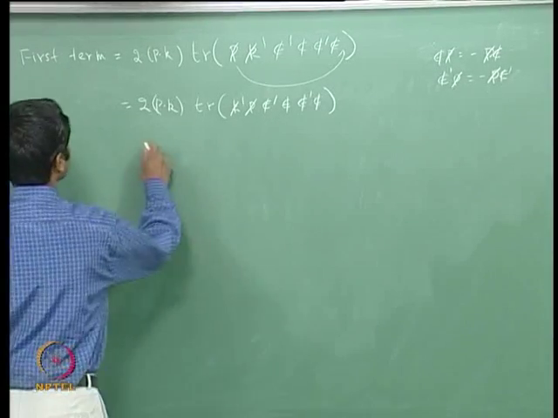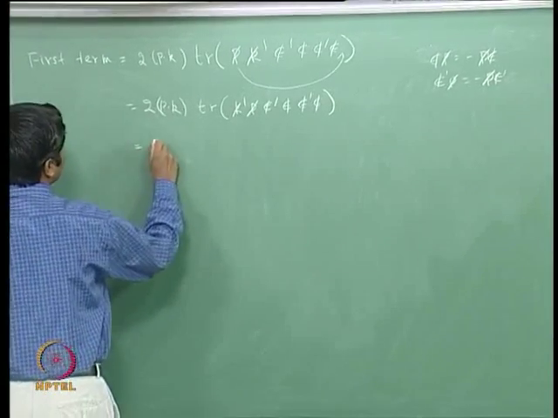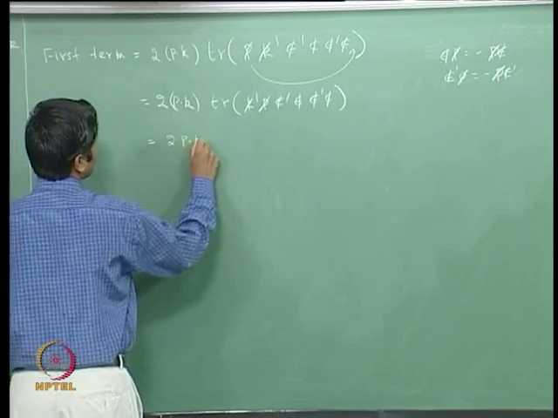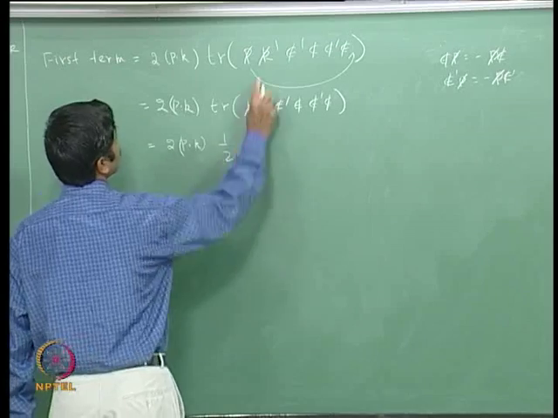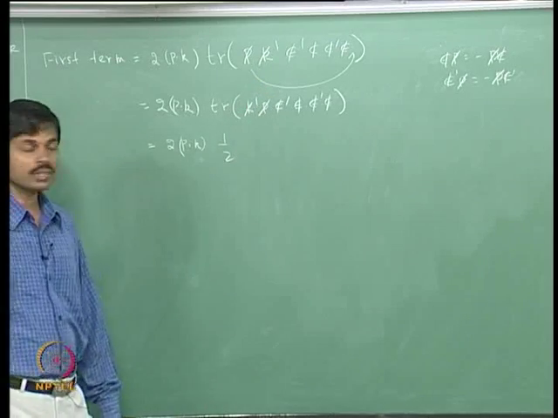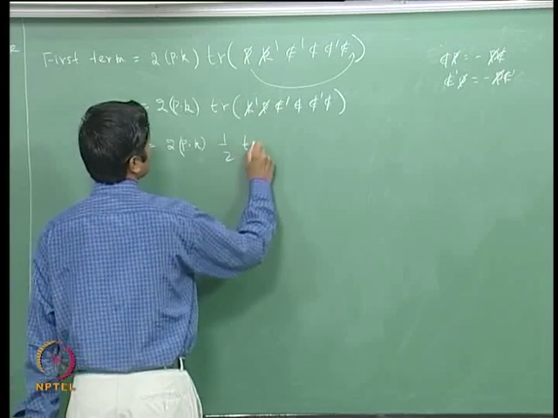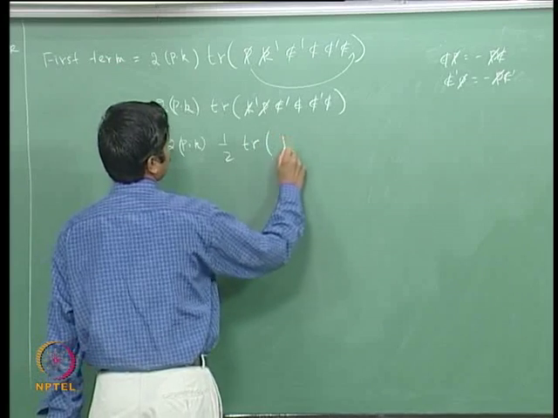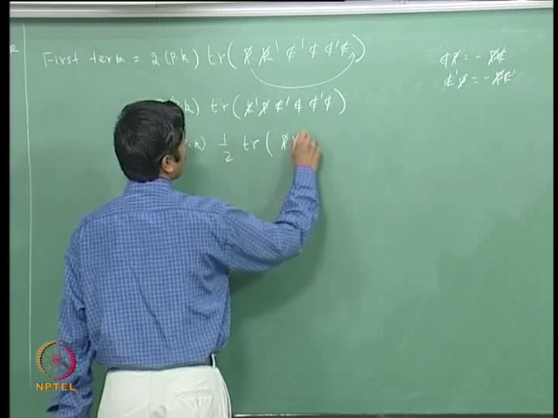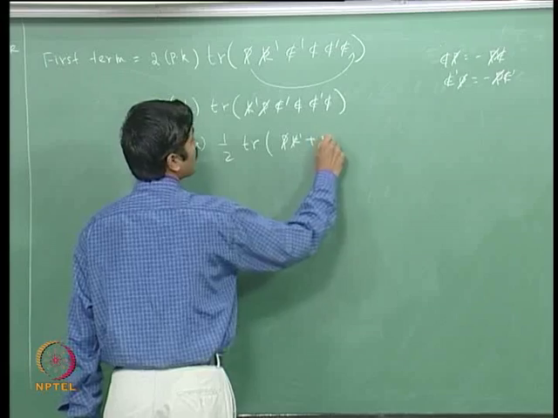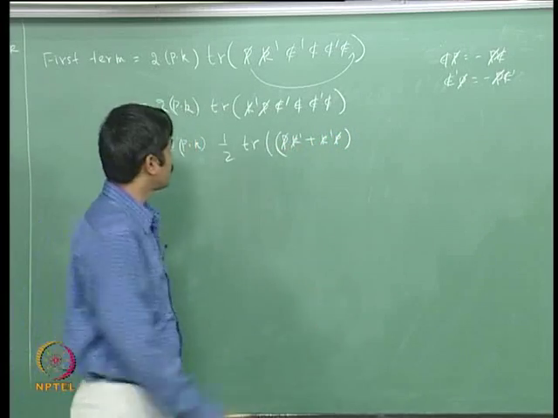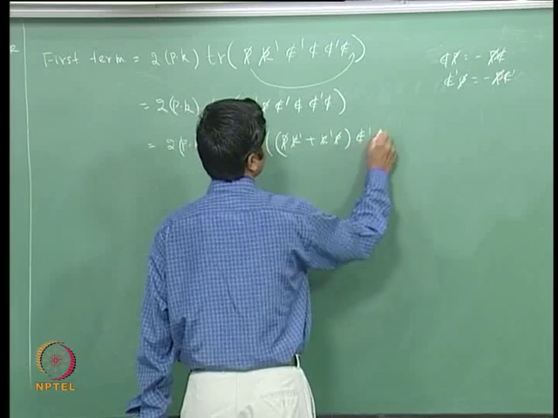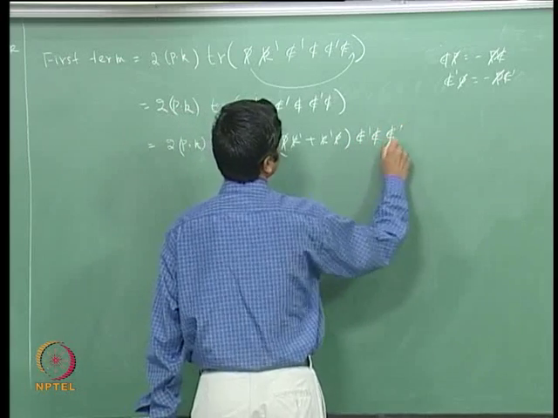Okay. Now, this quantity is twice p dot k times half of the sum of these two terms, half of trace p slash k prime slash plus k prime slash p slash times epsilon prime slash epsilon slash epsilon prime slash epsilon slash.